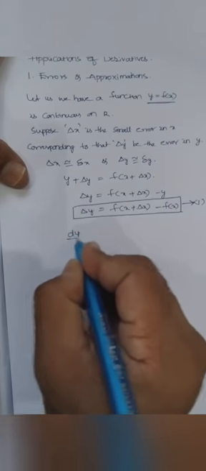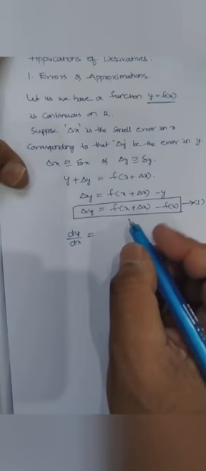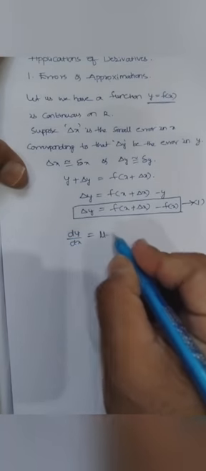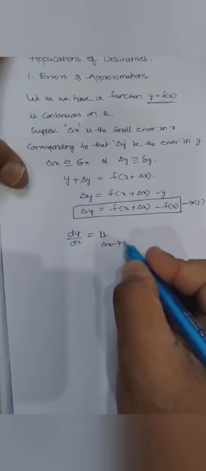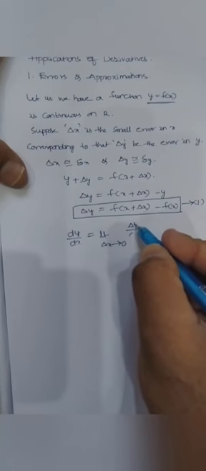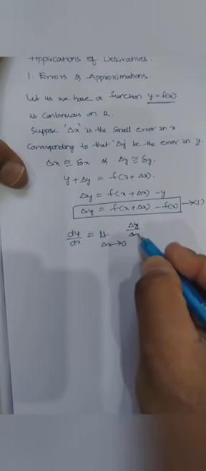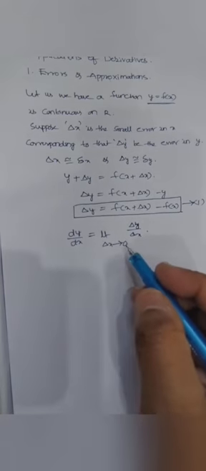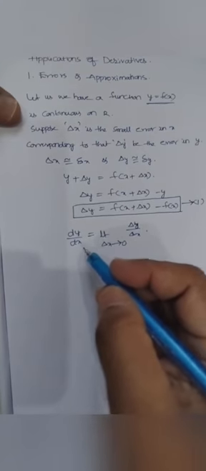Now we know from the differentiation topic that dy by dx is equal to the limit as delta x tends to 0 of delta y by delta x. This is the formula of dy by dx. Whenever delta x tends to 0, delta y by delta x is equivalent to the derivative of y.